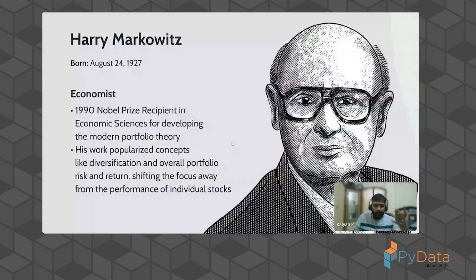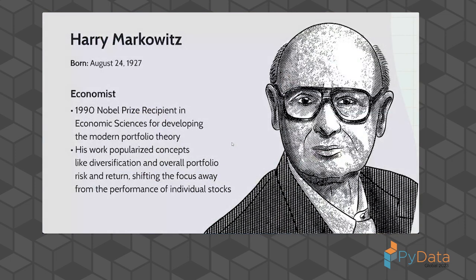Before we actually get into the main theme of our topic, I just want to highlight the man behind the topic we are discussing. There he is, Harry Markowitz. Harry Markowitz is a famous American economic scientist, and he's the father of modern portfolio theory, which we are going to talk about in the overall presentation.